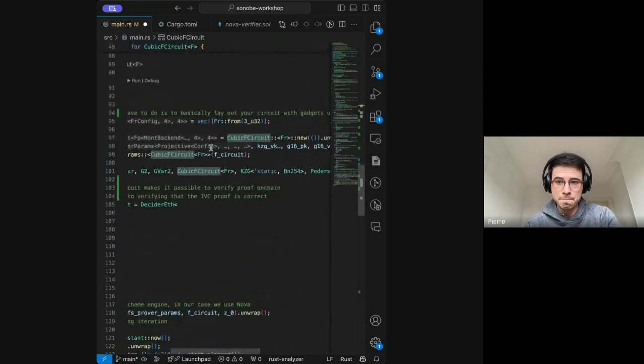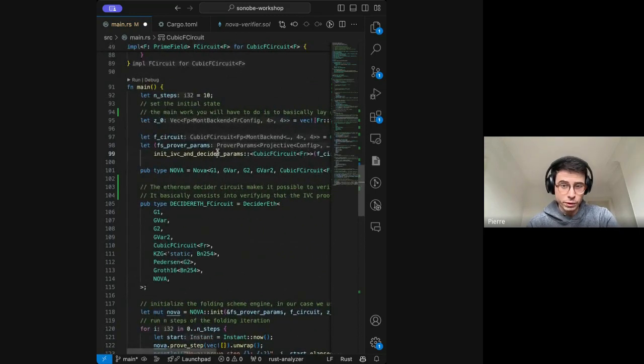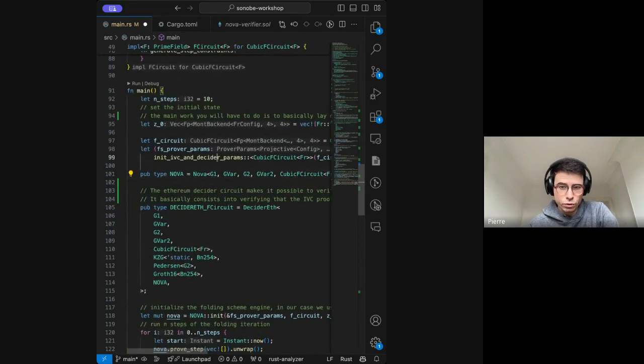And once we have done that, we can initialize the IVC and the parameters for the final decider. In general, that just means initialize the homomorphic commitment scheme that we want to use, and also initialize the parameters of the final decider, which in the case of Ethereum will be a Groth16 plus KZG. And so we initialize all those parameters here.